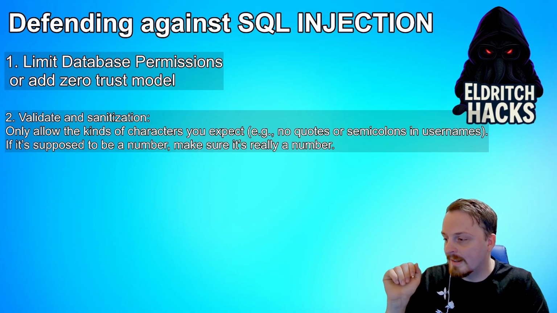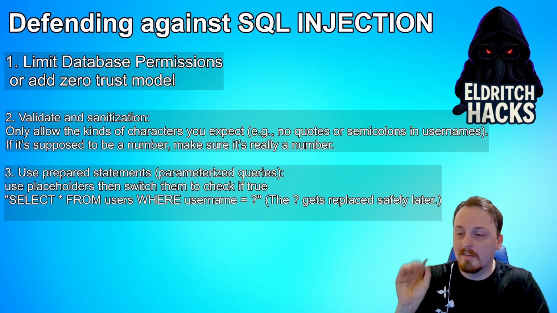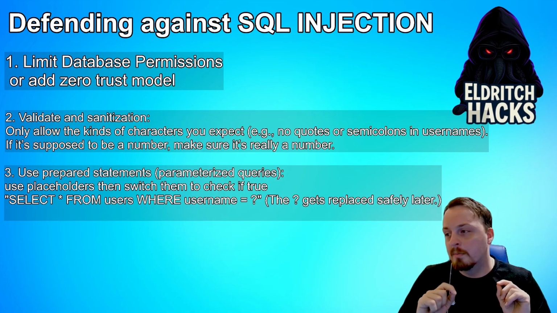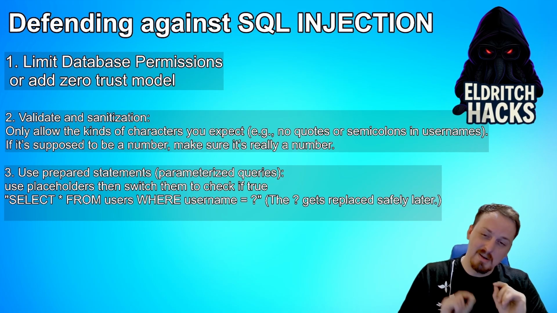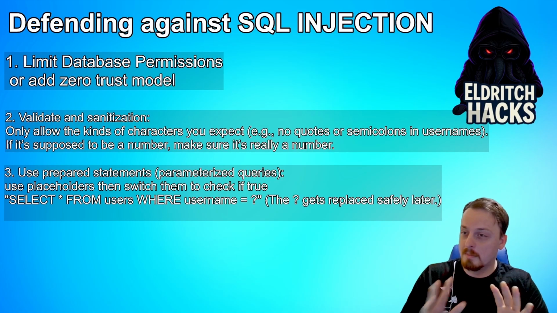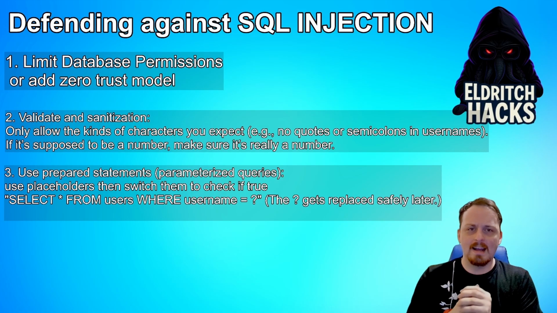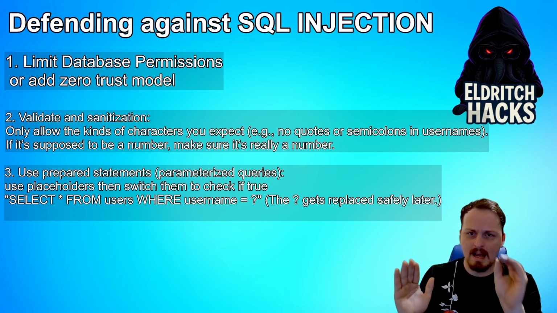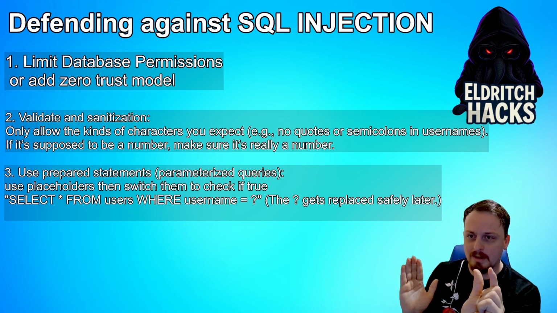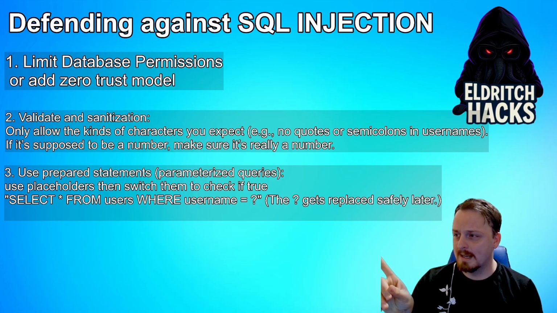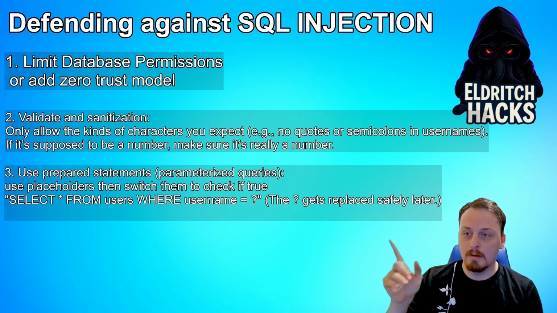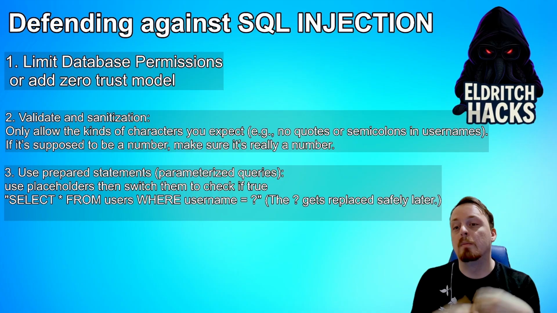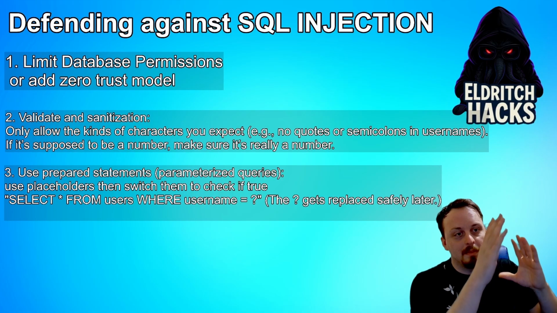And the last one is prepared statements, also known as parameterized queries. This is a newer term that I'm still kind of getting familiar with. But basically, it's having a placeholder and an established statement, and you're only typing in a little portion of it. So in the example that I have written here, it has username equals question mark, and whatever you type in replaces that question mark.